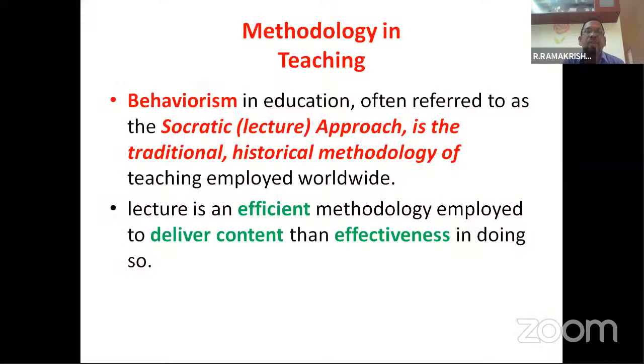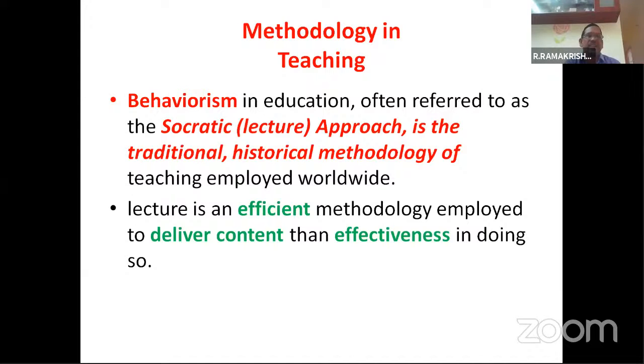Now, we would like to see what it is all about, teaching and learning. The first methodology: at the very beginning, we followed the traditional teaching-learning process, the traditional educational system.